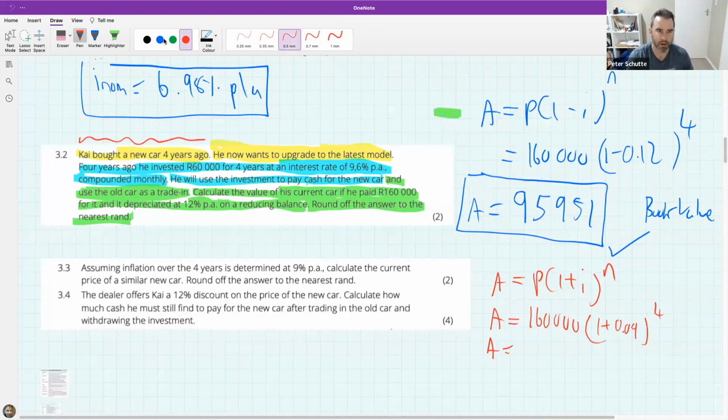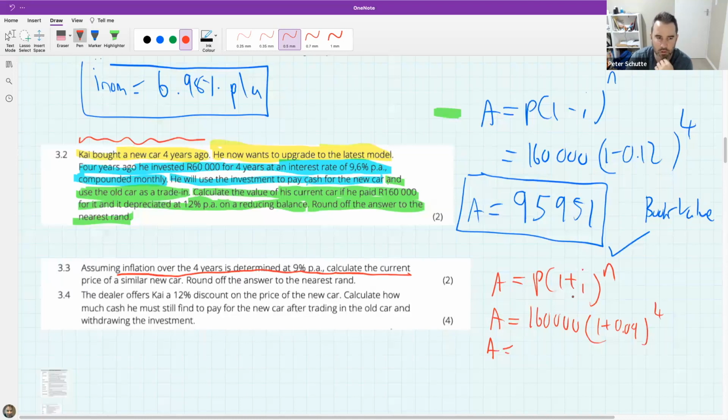The reason we're using growth here is because of the word inflation. The question is no longer asking about losing value. It's asking that prices tend to go up in time. And because the question said, assuming inflation, inflation says that the price should increase. It also makes sense if you think about it: 4 years ago, it cost this much. How much does it cost now?